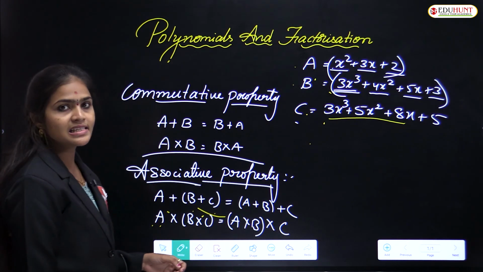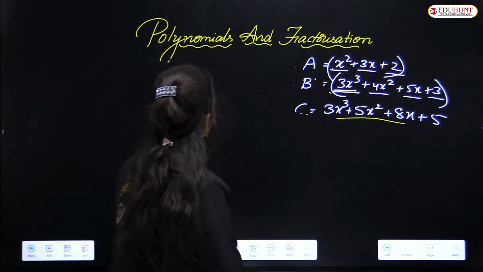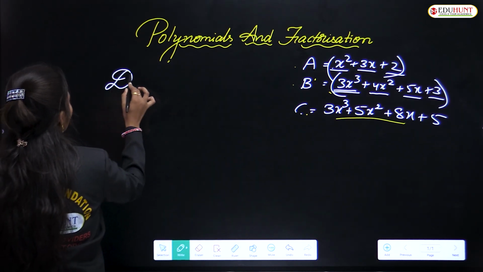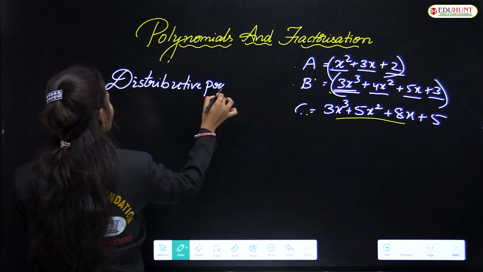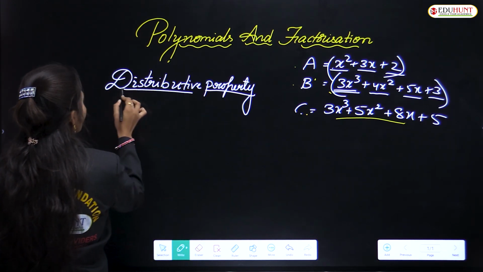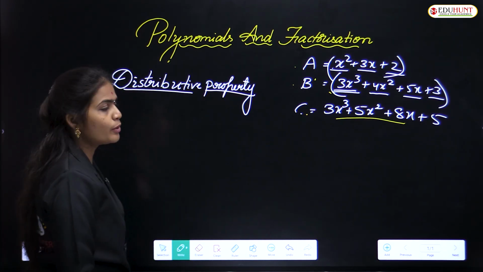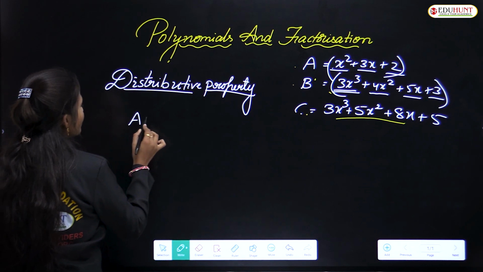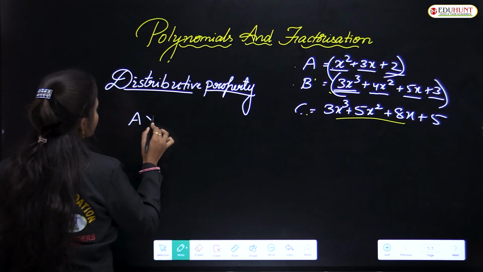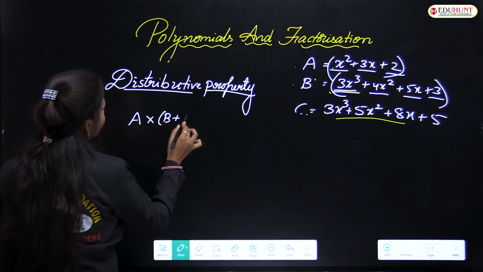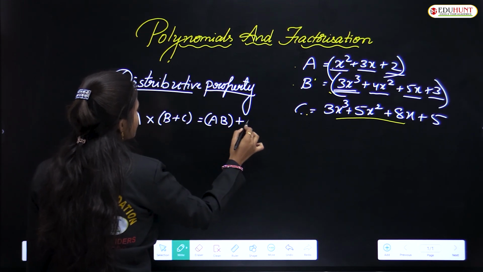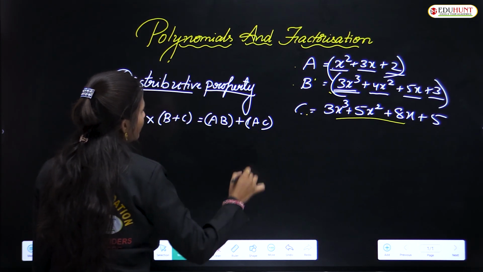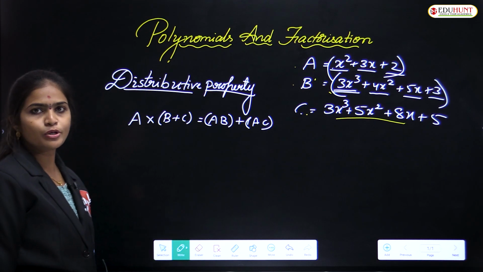Okay, so next one. Next thing, distributive property. Here distributive property means you also have to take three polynomials: a into (b plus c), which is equal to a into b plus a into c. Okay, so this is the distributive property.